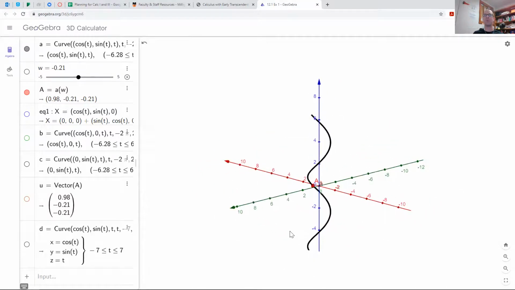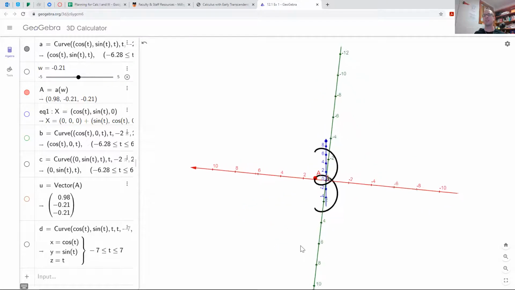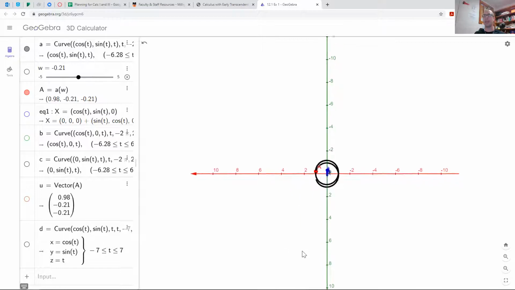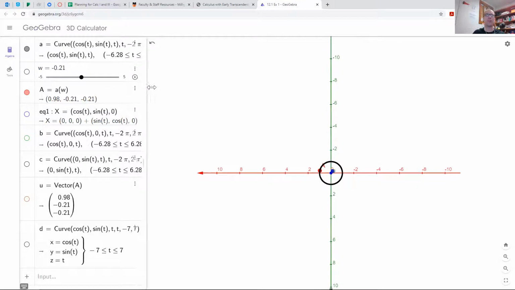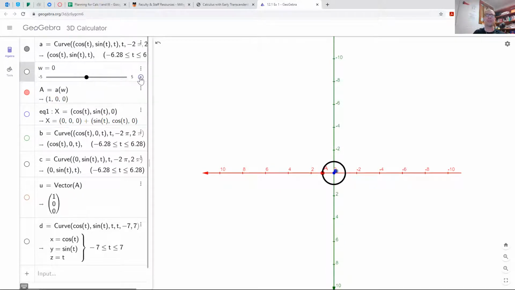But if we want to analyze this and break it down, one of the things that we could do is look at it perpendicular to a bunch of different axes. And here, this is what happens if you look straight down the z-axis onto the xy plane. We have a circle. And that makes sense because when you parameterize a curve with cosine and sine, you're just going to travel around the unit circle, starting at 0.